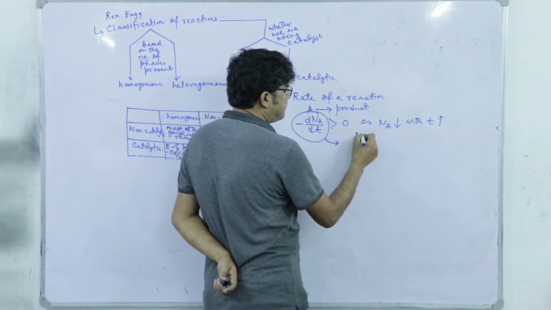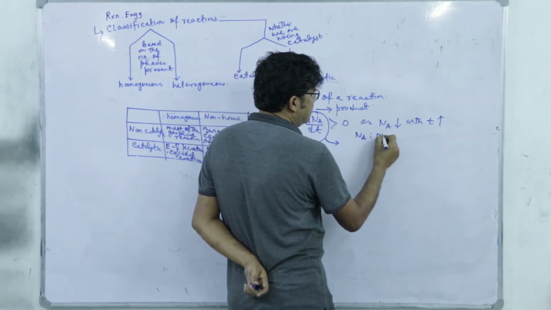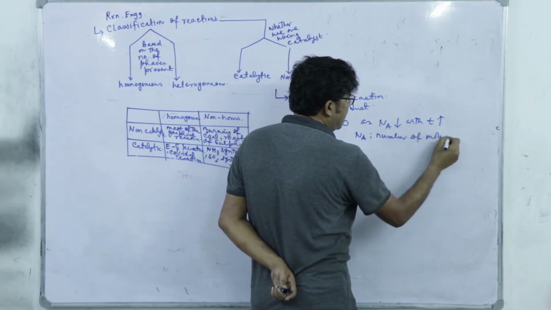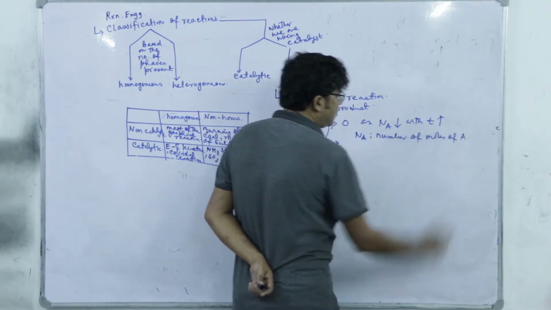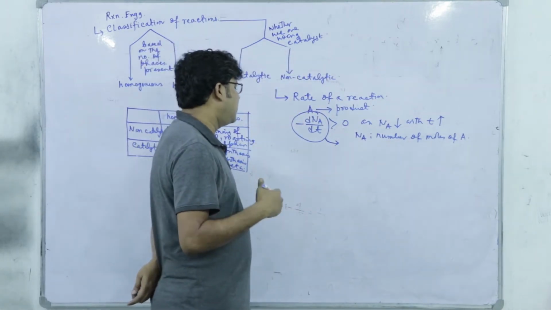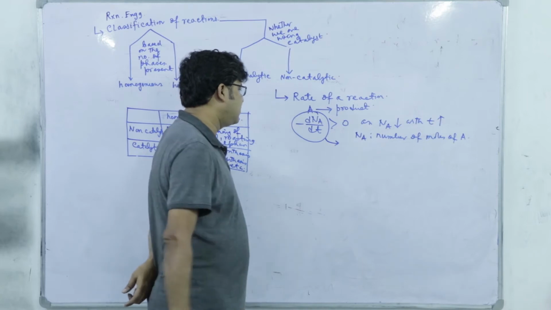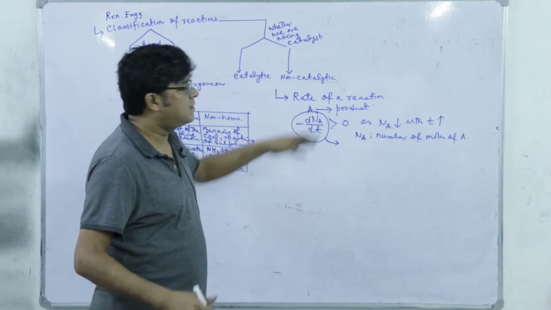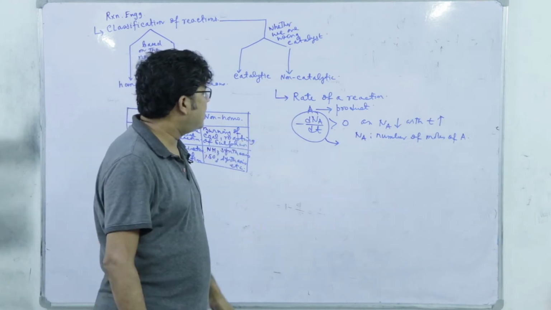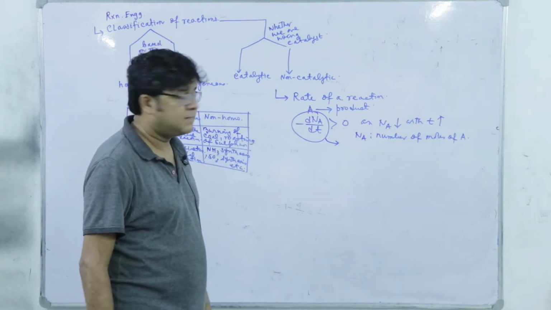However, you see that this depends on some extensive property of that system, where NA is the number of moles of A. If you increase the volume of the reactor, it will increase. If it is a catalytic reaction and you increase the catalyst loading, dNA/dt increases.